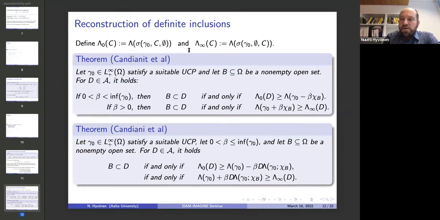In order to understand these theorems, by the way, there's a typo, so that T is extra. In order to understand these two theorems, this notation should be first reviewed.